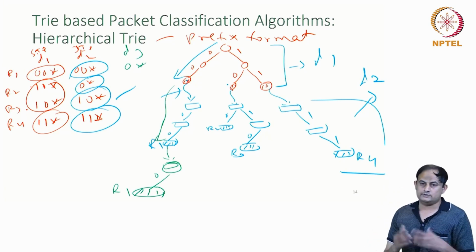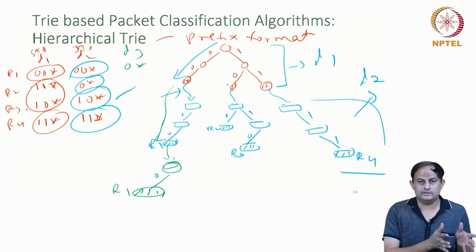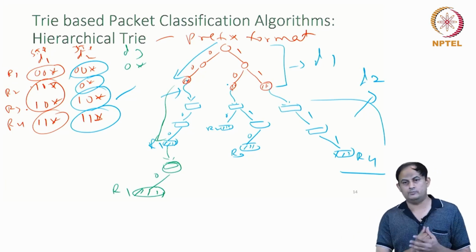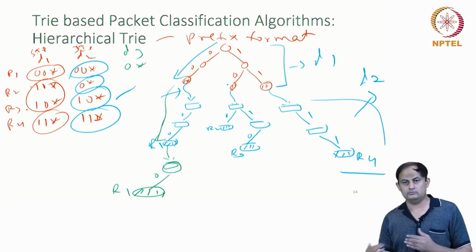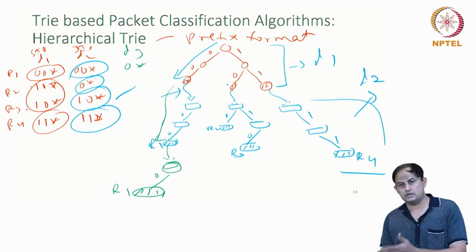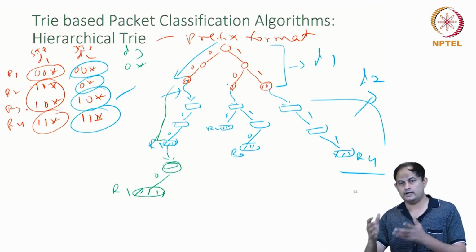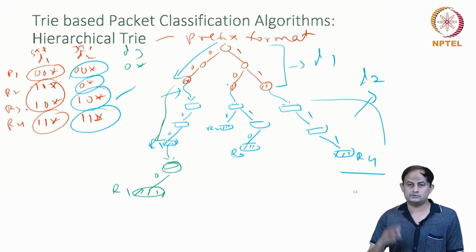So now it is easy to note that if the fields have some W bit width, then in the first level you might have W pointer references, and if the second dimension is also a W-bit field, then you will again have W pointer references, and so forth.